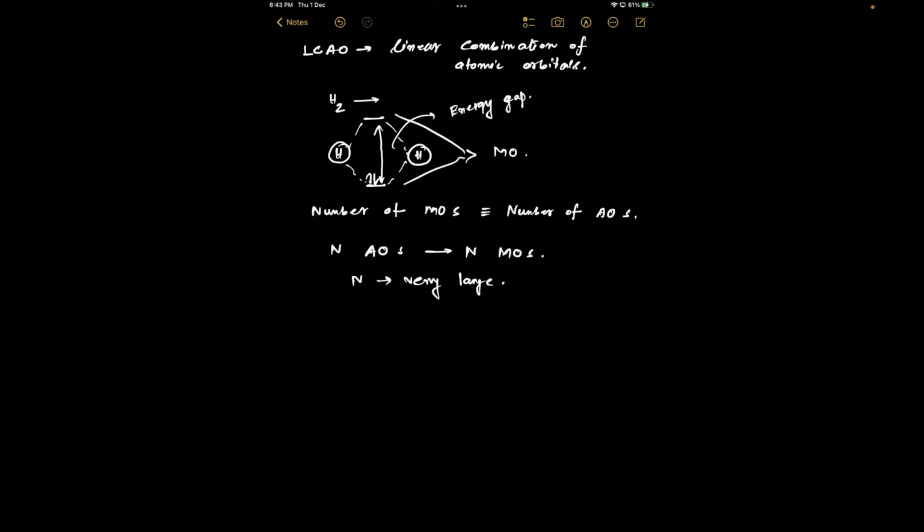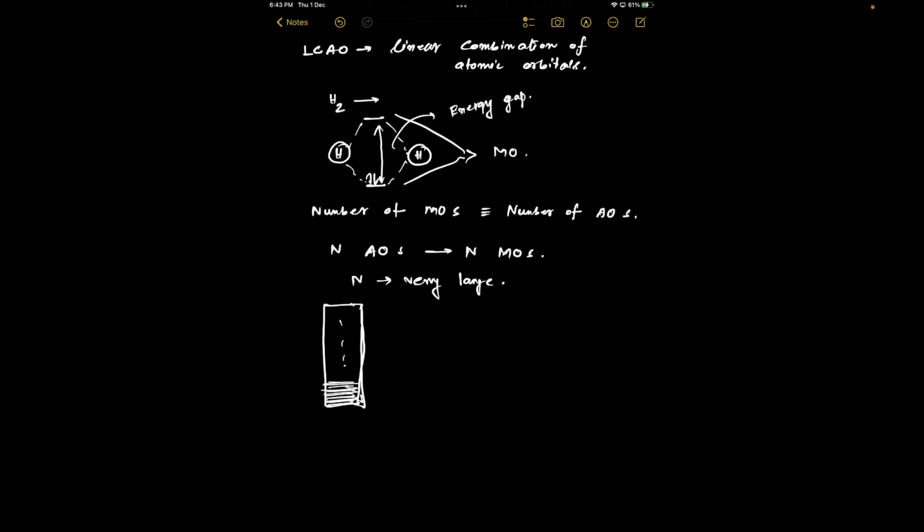Let's say when n atomic orbitals overlap, the n molecular orbitals form like this. The energy gap between successive molecular orbitals will be very small, because n is very large here.